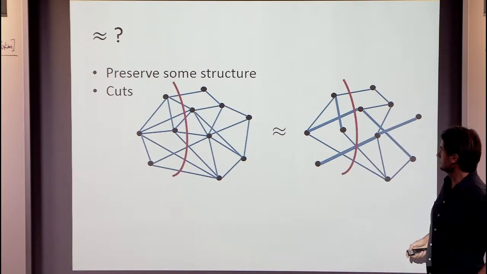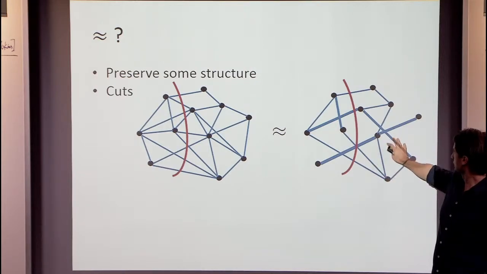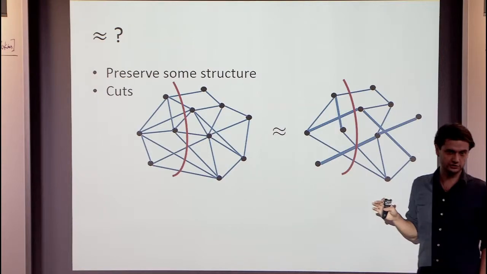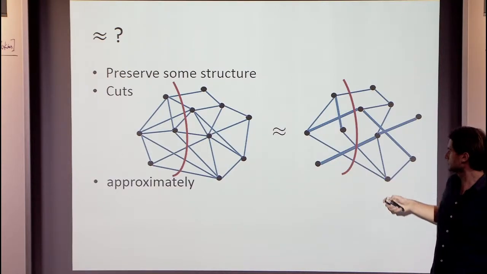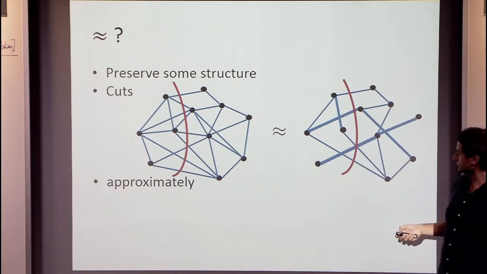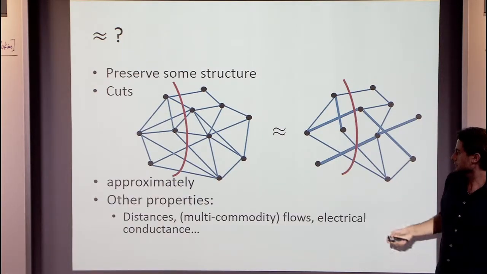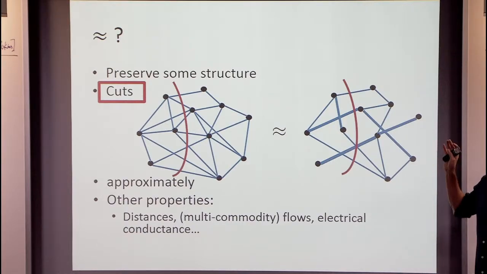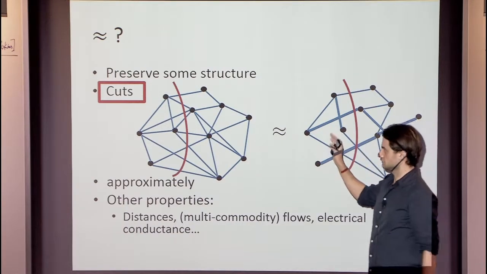So I'll construct another graph on the same set of vertices so that the cut values are equal or approximately equal. To obtain smaller graphs we usually need approximation. But in general, you can imagine other properties like distances, flows, electrical conductance, and so forth. Okay, so this is just placing it in a bigger context. I'll focus here on cuts.